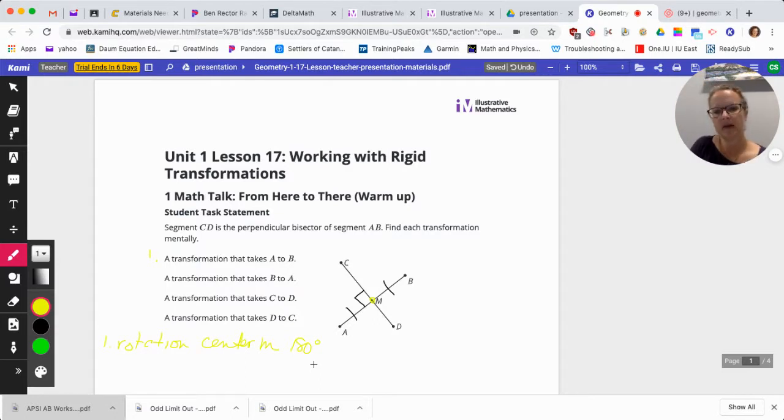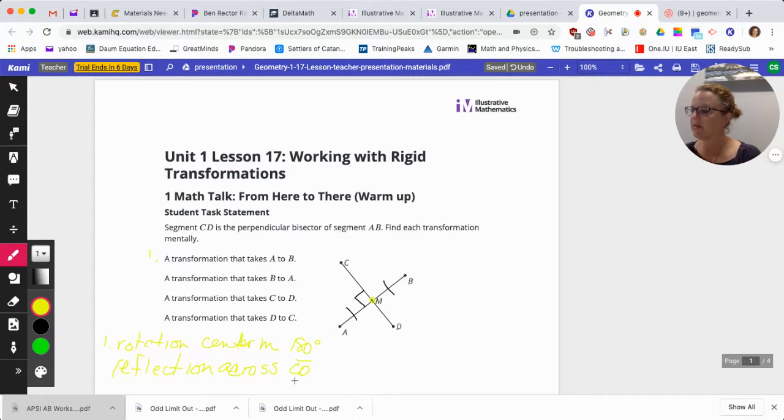Oh, another way would be a reflection across segment CD. Yep.